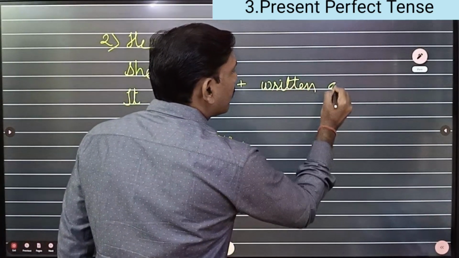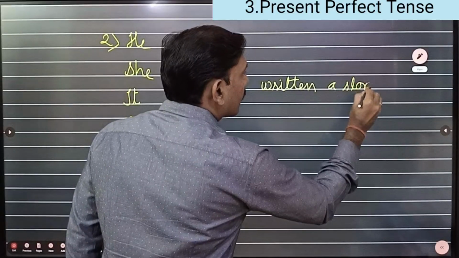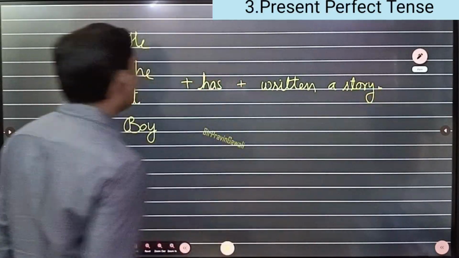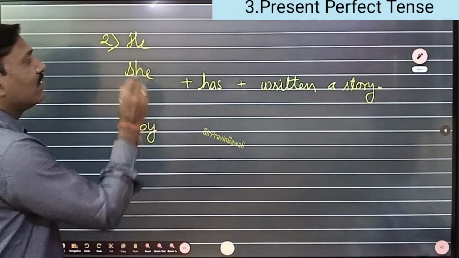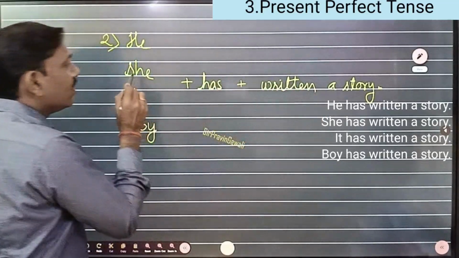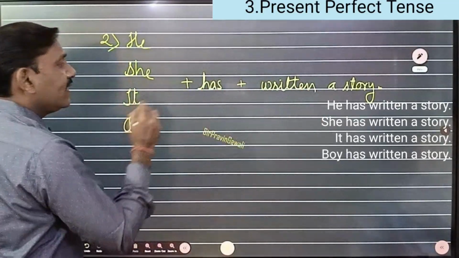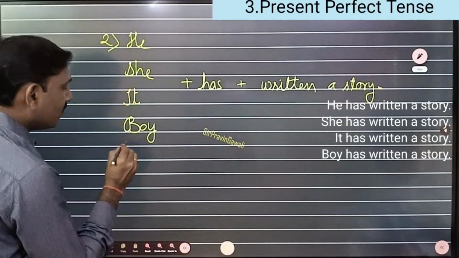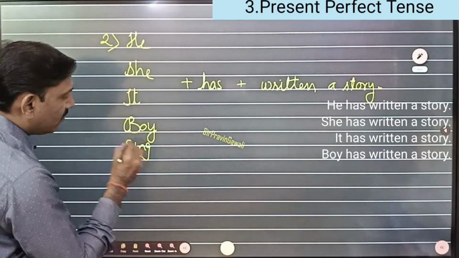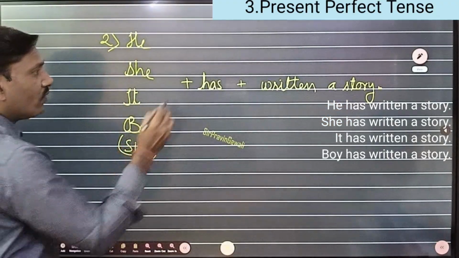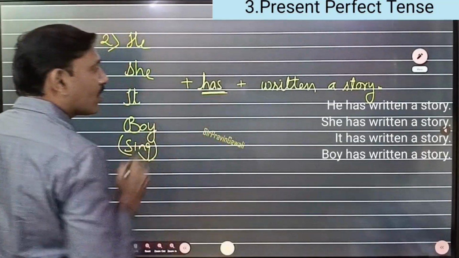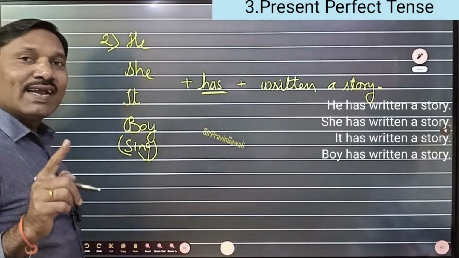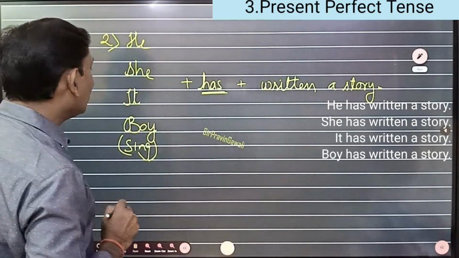Written a story. Okay, students. So how many sentences will be there? Different sentences. He has written a story. She has written a story. It has written a story. Boy has written a story. So it is singular one. Okay. This is singular. If it is singular, we will take has. If it is plural, we will take have. Okay, students, have understood now?